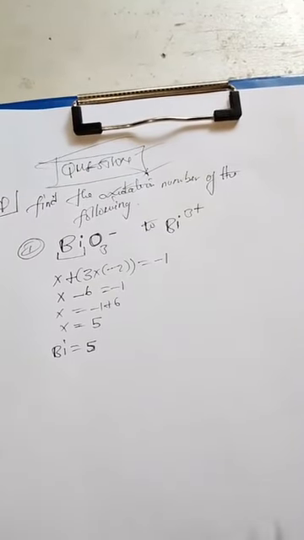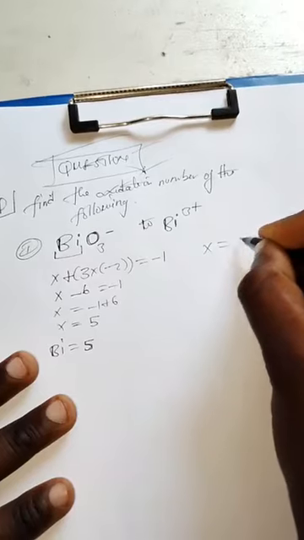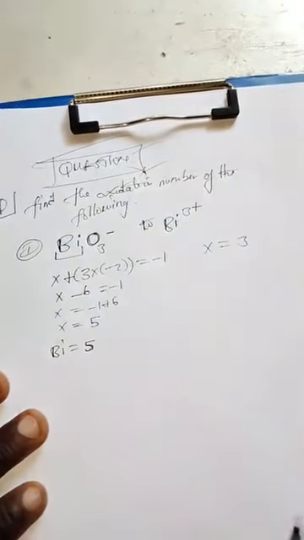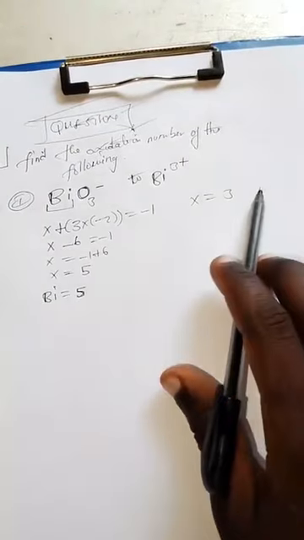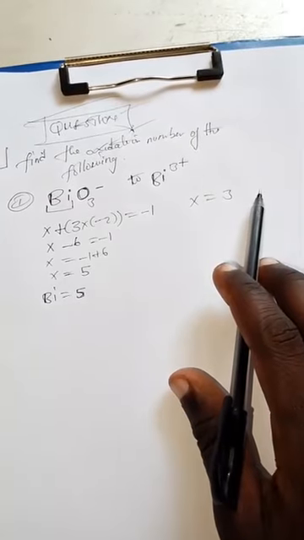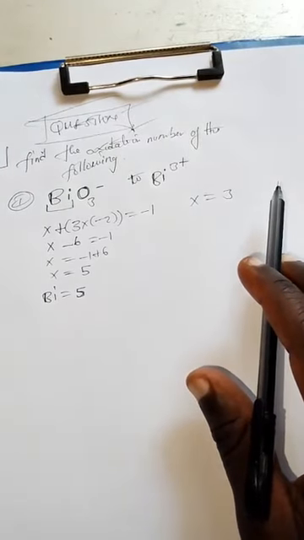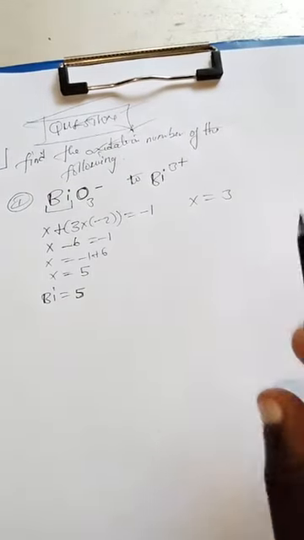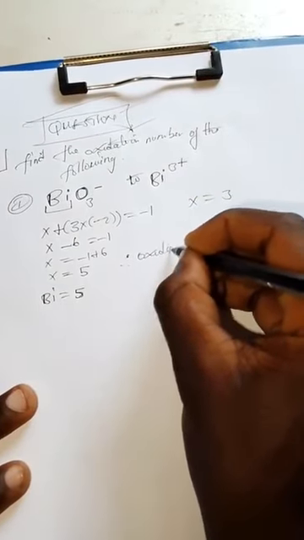So for this one, the oxidation number will be equal to +3. So you can see, initially you had 5, then you had 3 as the product. So the oxidation number is reduced from 5 to 3. Therefore, that is reduction.